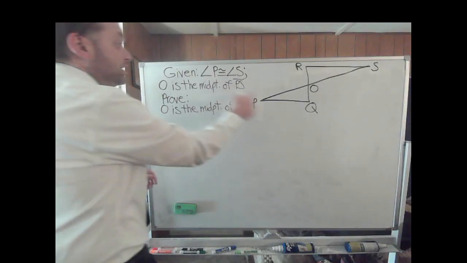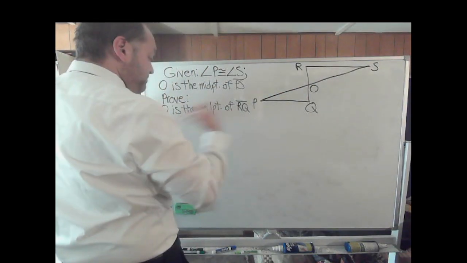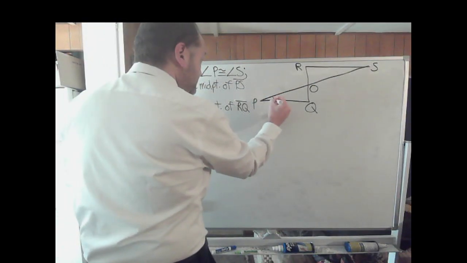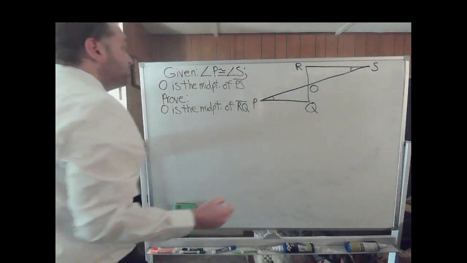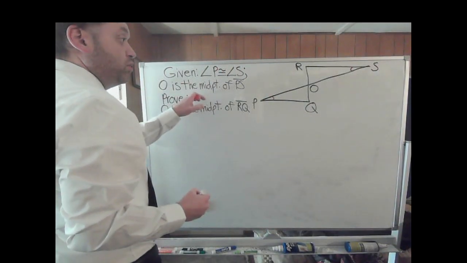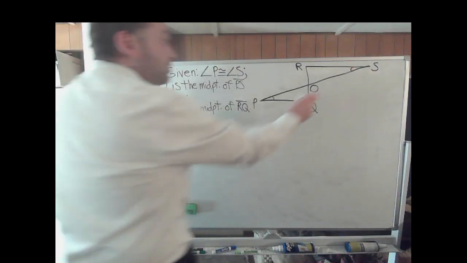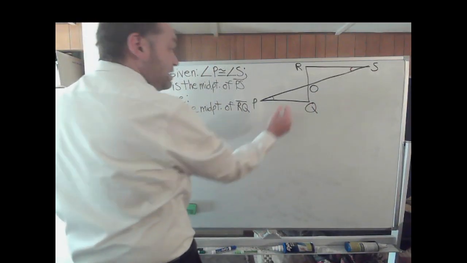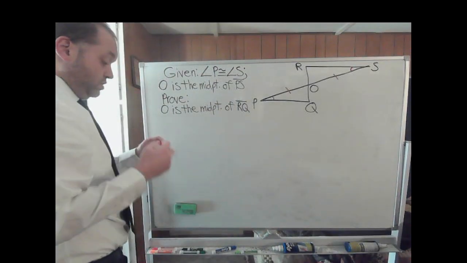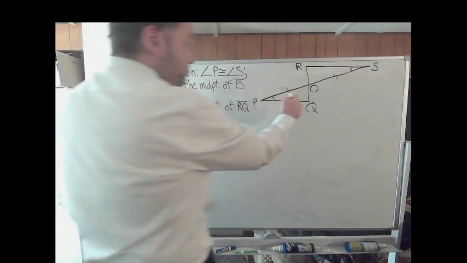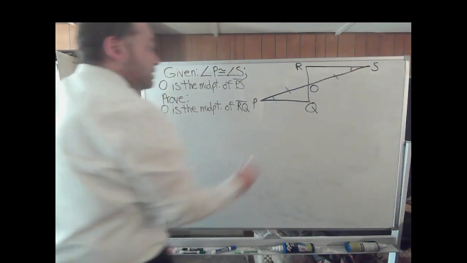Well, angle P is congruent to angle S. So why don't we go ahead and set up some congruency markers there to aid us in that case. And then O is the midpoint of PS. Well, if O is the midpoint of PS, that would mean that PO and SO are both congruent. So by the definition of midpoint, PO and SO are congruent.